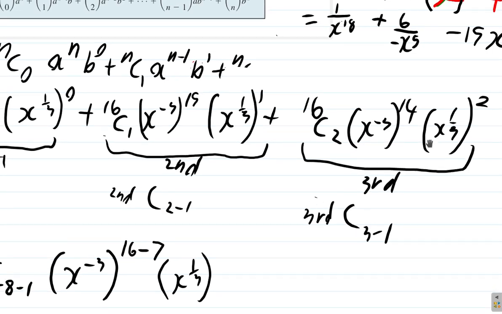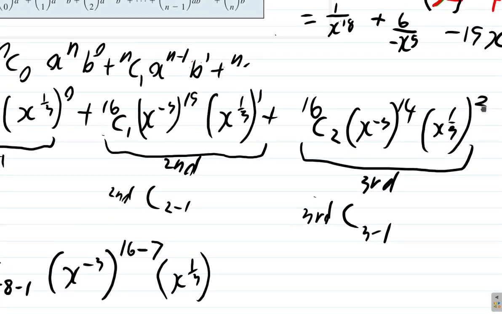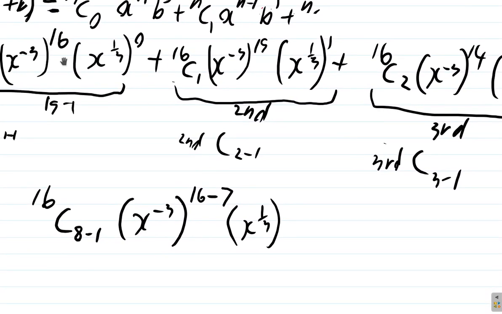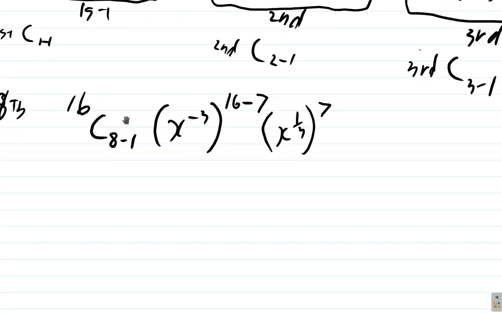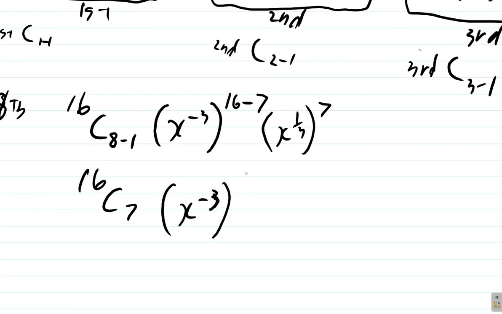Term number 3, you have this to the 2, which is like 3 minus 1. So term number 8, you must have this to the 7, which is like 8 minus 1. So the 8th term is going to be 16 C 7, x to the negative 3 to the power of 16 minus 7, which is 9, x to the 1/3 to the power of 7.